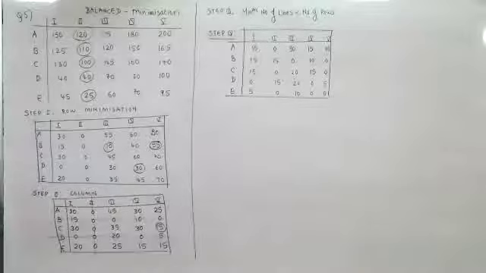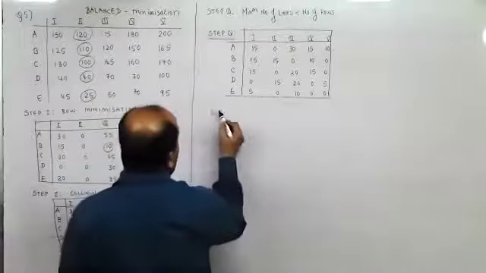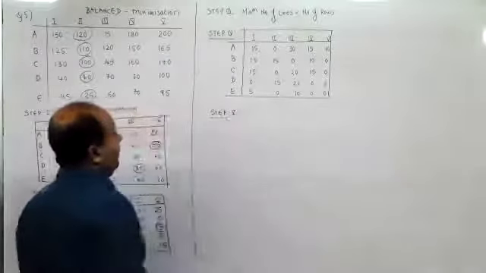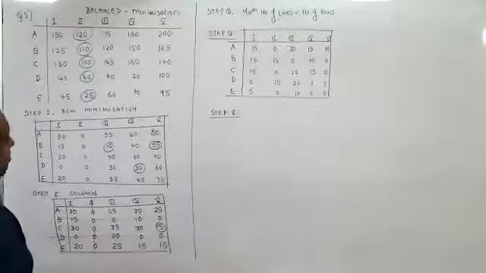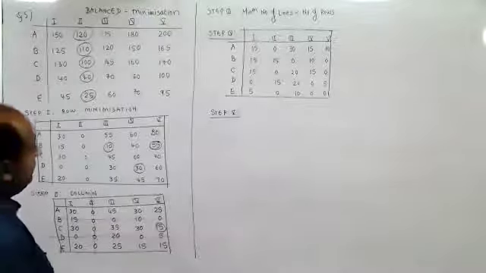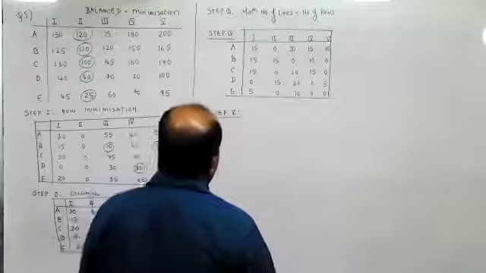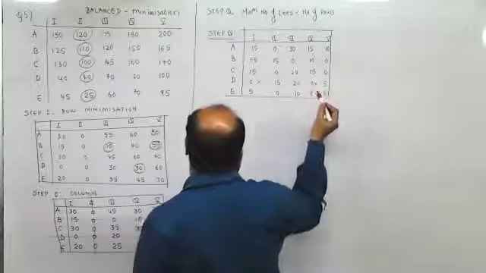Now, step 5. We have to check the number of lines required. If I take this, this gets cancelled.